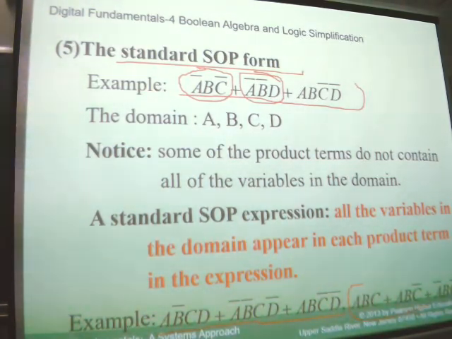Also this expression: there are three variables in the domain, A, B, C, and all the variables appear in each product term. A, B, C, C bar, A bar, B bar, C bar. So it is also a standard SOP expression.